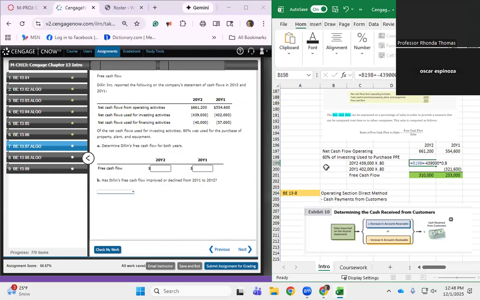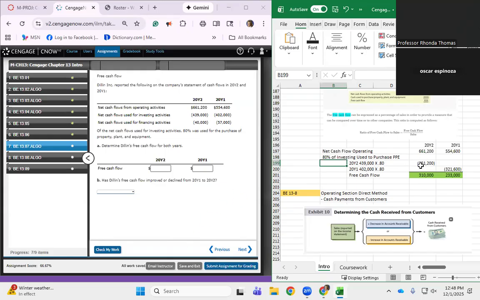Just a minute, let me go back. There we go. 80% of investing is used to purchase PPE. So they had to tell us that. If they hadn't told us that, we wouldn't have known how much was used to purchase PPE.